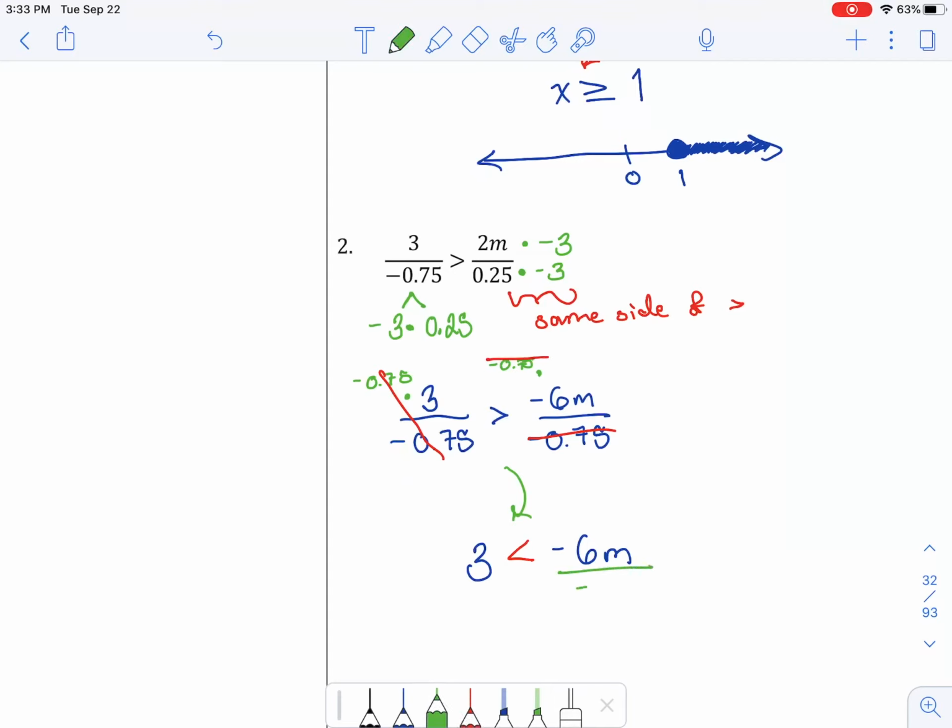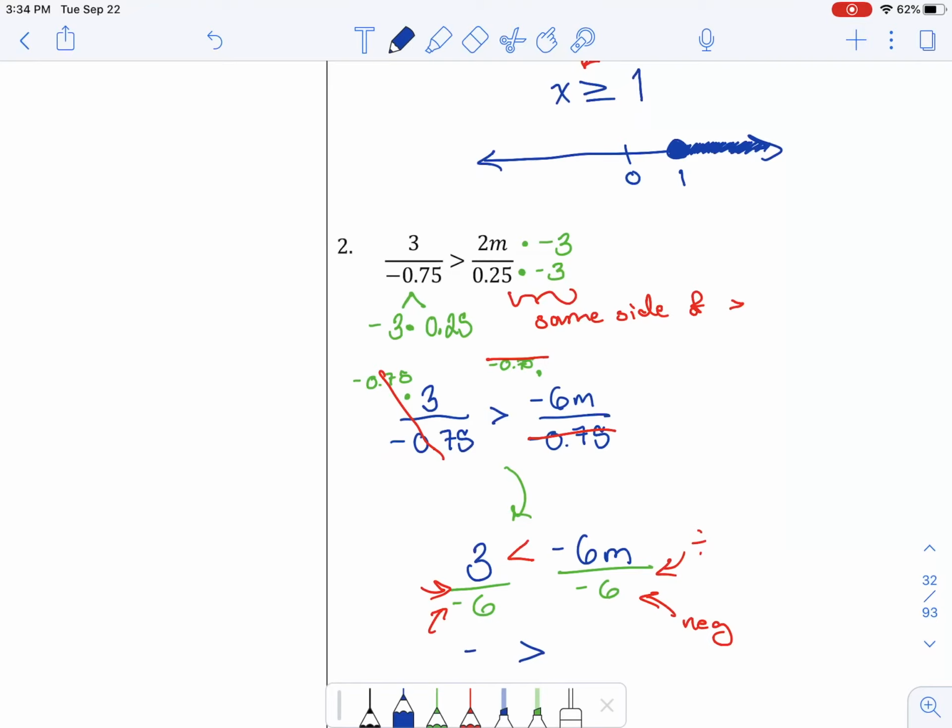Now I am going to divide by negative 6 to get m by itself, and oh my goodness, we have division, and we have a negative on both sides. So once again, we flip the sign again, and we end up with our final answer.